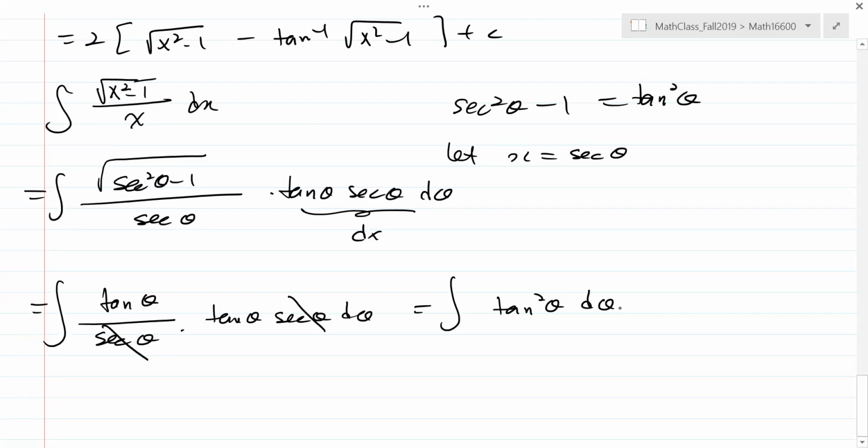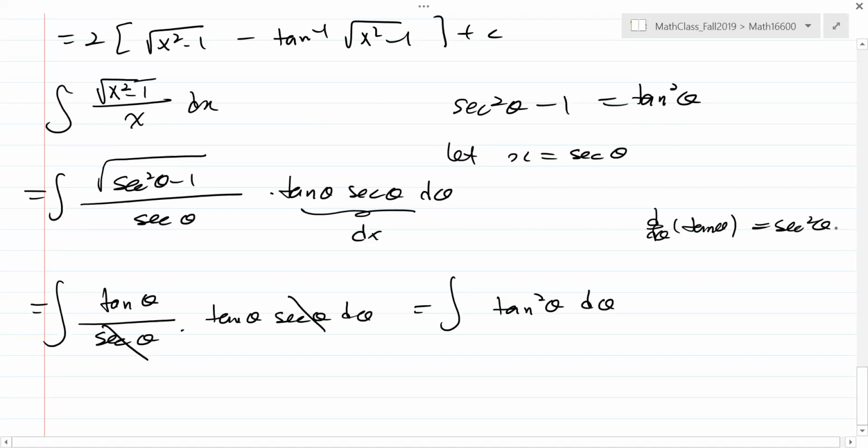But how can I integrate? It's a sine squared over cosine squared. I remember the derivative of tangent theta equals secant squared theta. But I have tangent squared theta here.